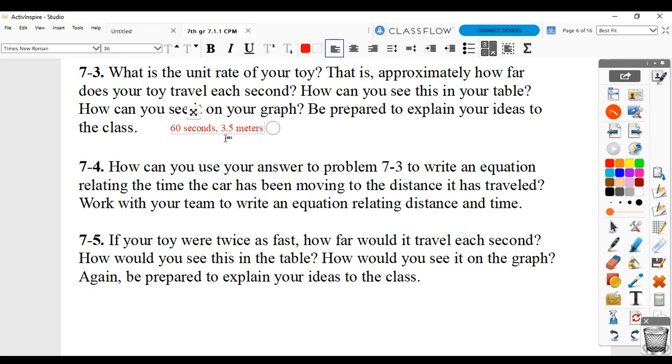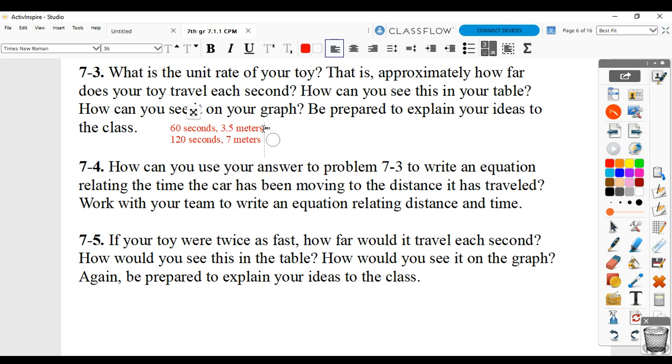All right, so if we know that in 60 seconds it went 3.5 meters, you could even extend that to a table and say, all right, then we know that in 120 seconds, in other words, 2 minutes, it would go twice as far, so 7 meters, because they are assuming that this is at a constant rate.